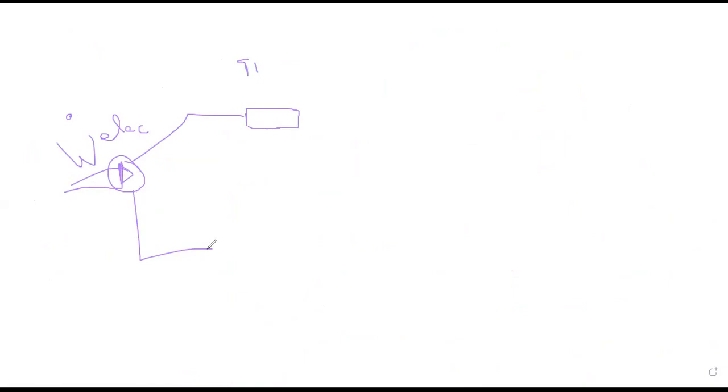Because as we mentioned, here in the evaporator, what will happen? In the evaporator, I will take heat, Q dot in, and in the condenser, I will have heat rejection.